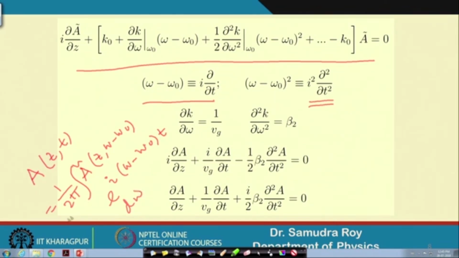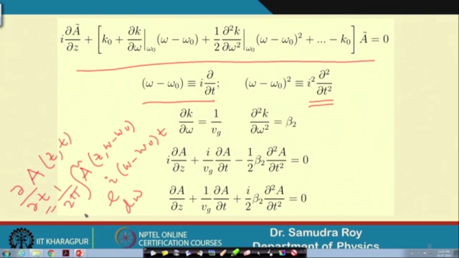Now, if I take the time derivative with respect to both sides, I will have del del t. When you take del del t, you will find that on the left hand side this i (omega minus omega 0) term will come out, and we will have the same equation in our hand.